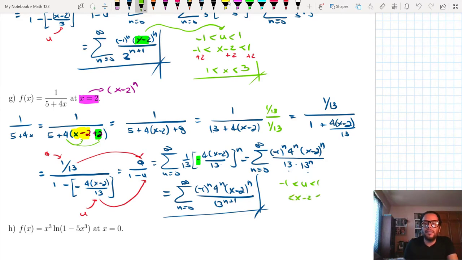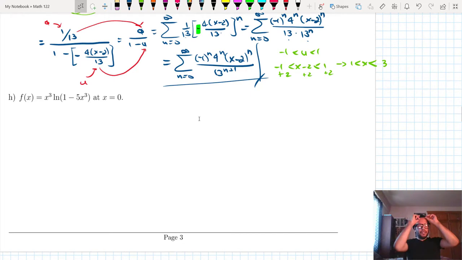And just like the previous example, add 2 to the 3 sides of the inequality to get 1 less than x less than 3. So that means that you can plug in any number between 1 and 3 without including the endpoints, and you will end up with a convergent series, like what we did in the previous section.